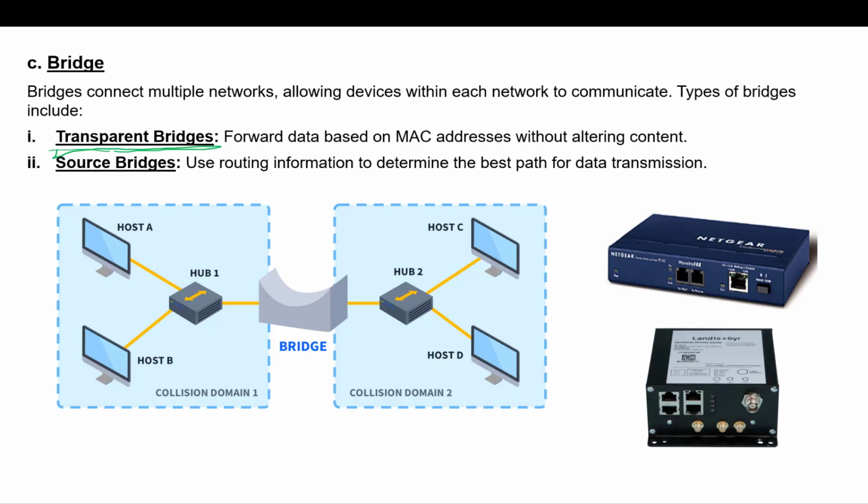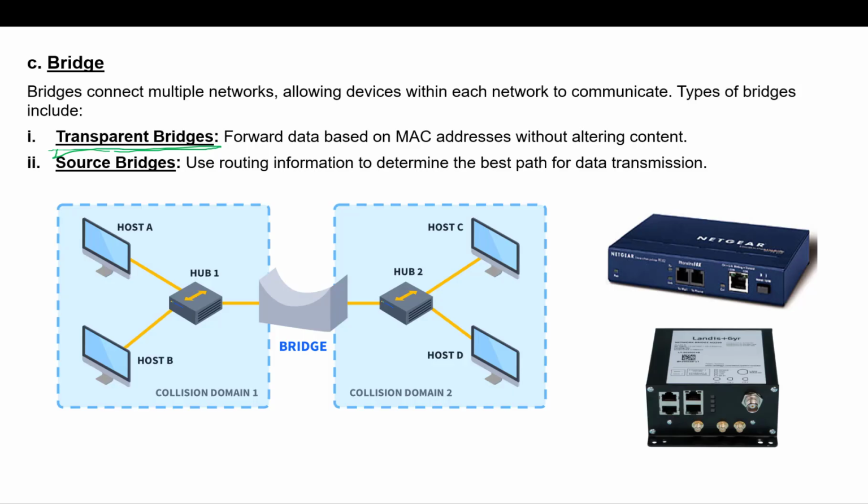Imagine the MAC address is the address of the device itself, right? It is like your host address and your phone number. So in a real-life scenario, if we use a transparent bridge, the bridge will use your phone number to send information to you.